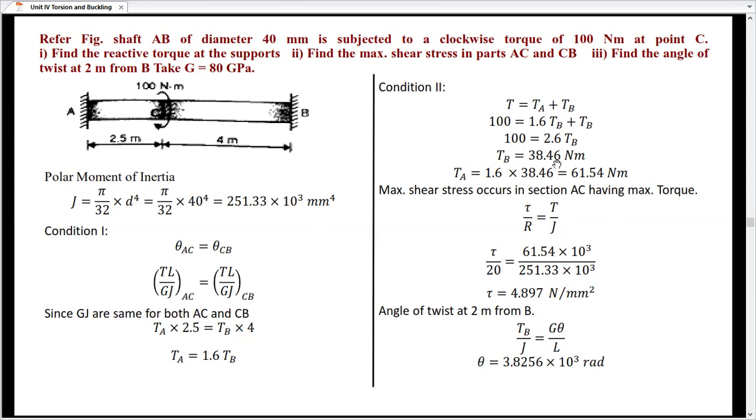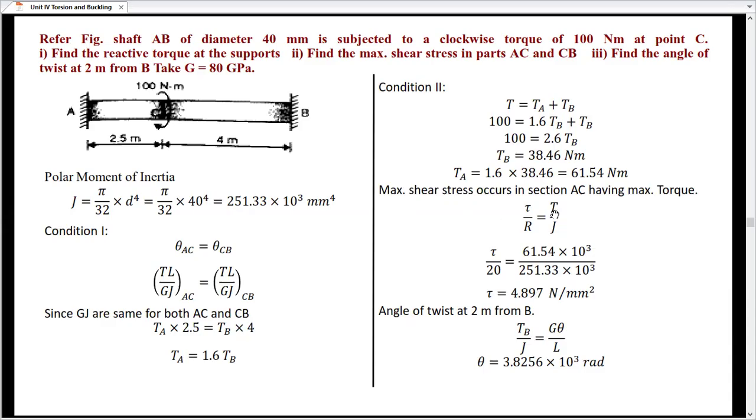Because the correlation between torque and tau is that shear stress is directly proportional to torque. Okay, so you have to remember this part. Whenever torque is more at a particular location, that torque we have to consider while calculating shear stress. Okay, so you can put that value.